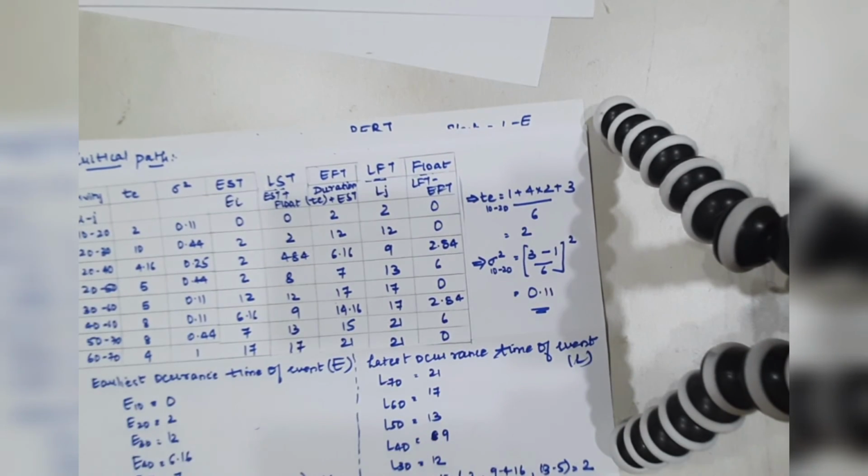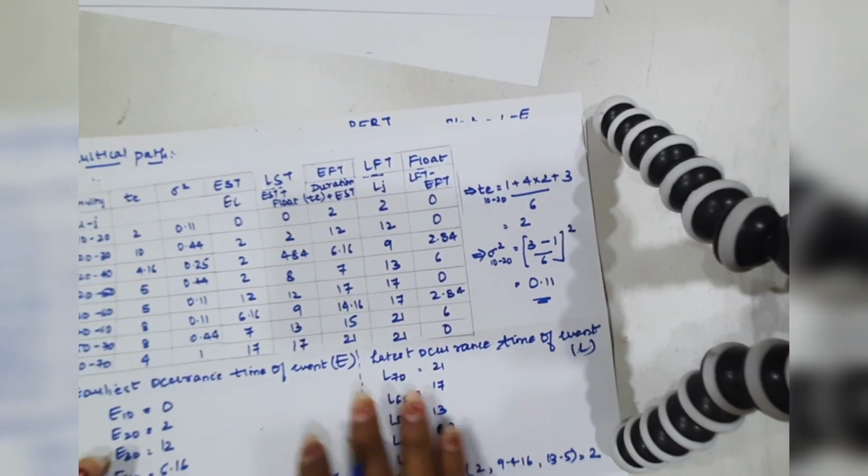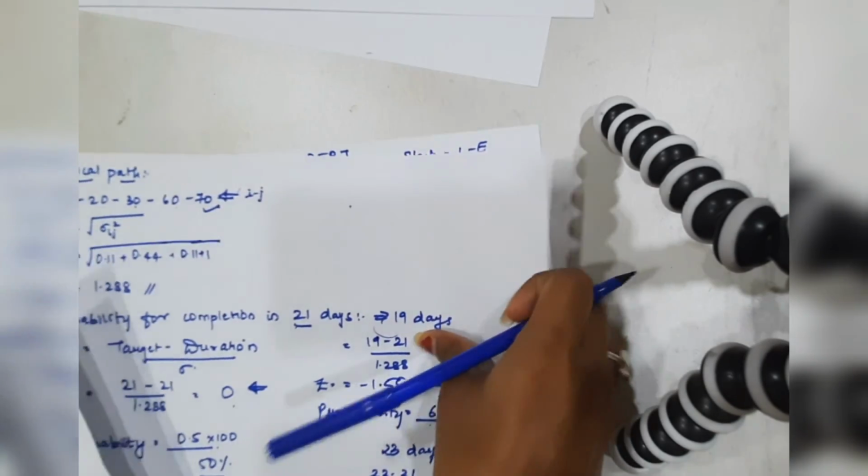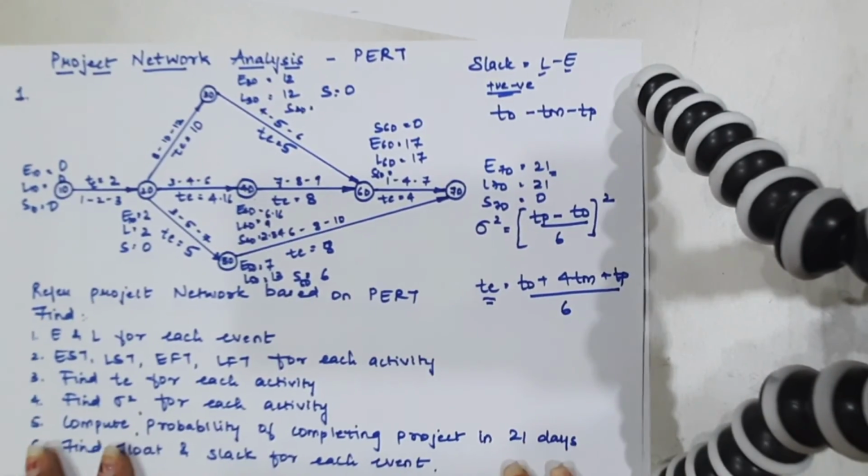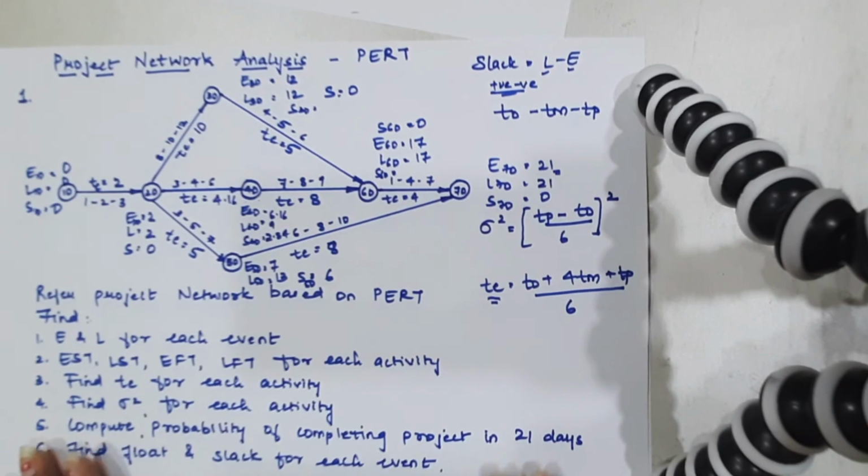So now our sum is completely over. We are done with calculation of everything. So this numerical example is done. Thank you for watching this video.